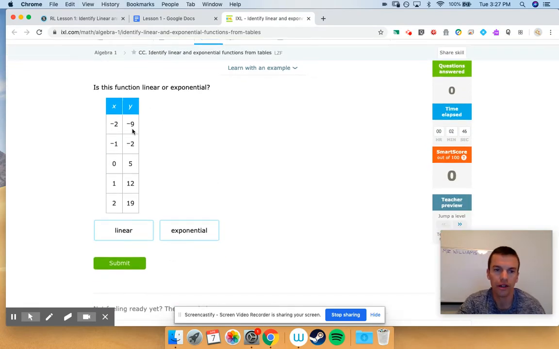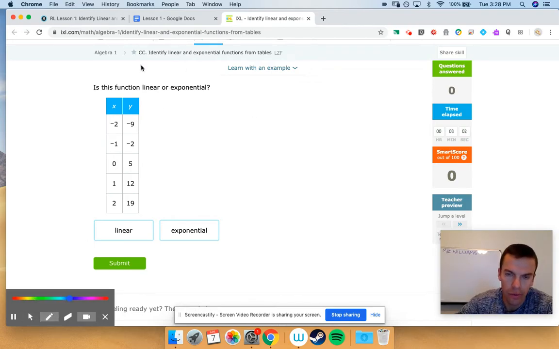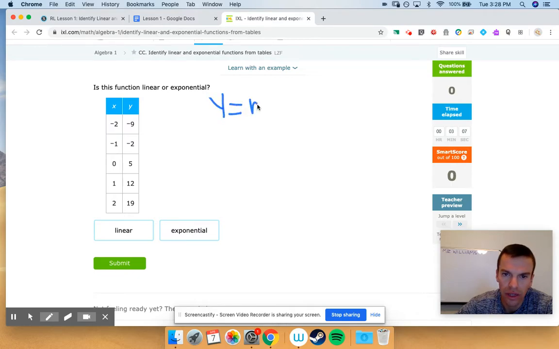So right here, we have a table, and it's asking us, is this function linear or exponential? So first thing we have to remember is that if we are dealing with a linear function, it's always going to be that equation y equals mx plus b.